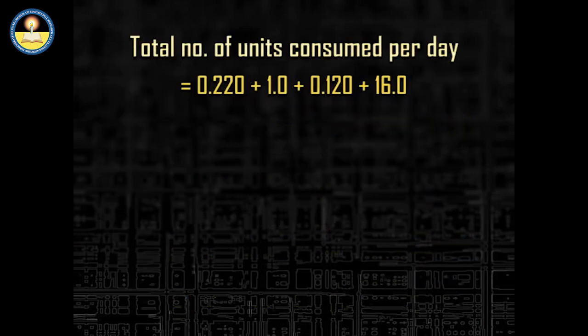So for the television, it is 0.22 kilowatt hour. For the bulb, it is 1.0 kilowatt hour. For the fan, it is 1.2 kilowatt hour. And for the air conditioner, it is 16 kilowatt hour.